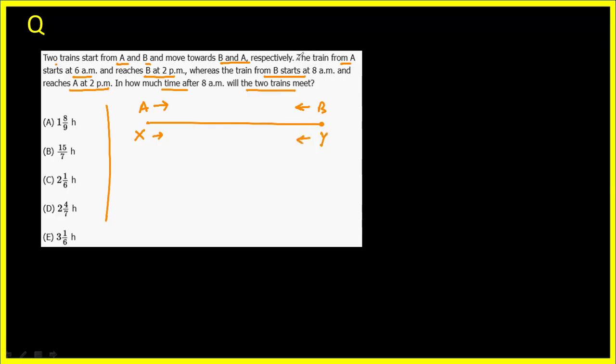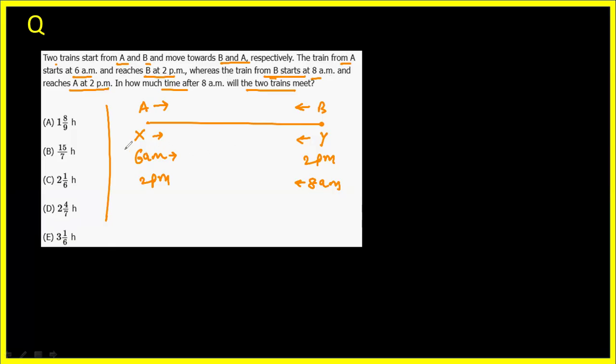According to the question, the train from A, that is train X, starts at 6 a.m. and reaches the destination B at 2 p.m. The train from B, that is train Y, starts at 8 a.m. and reaches the destination A at 2 p.m.